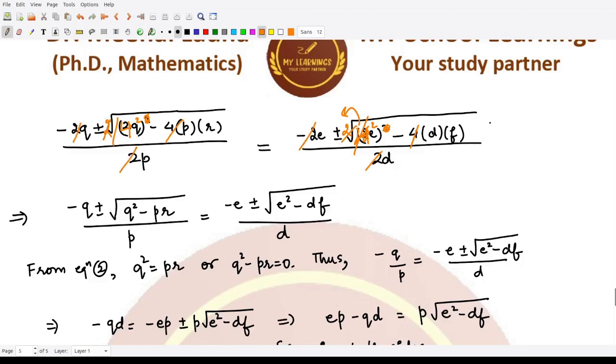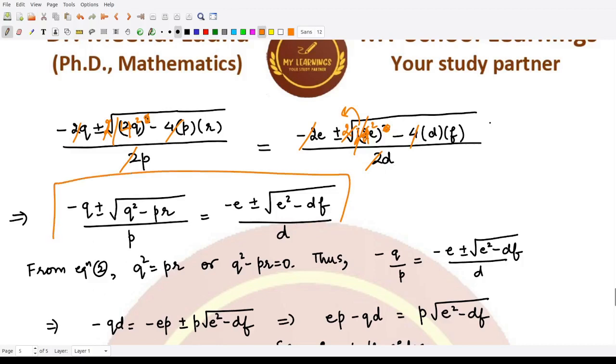So all the 2's are eliminated and you will be left with (-q ± √(q² - pr)) / p equal to (-e ± √(e² - df)) / d.